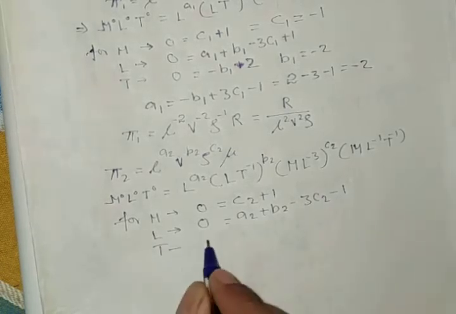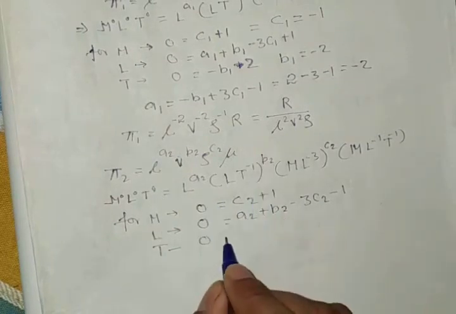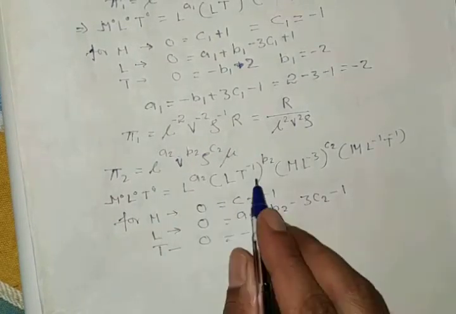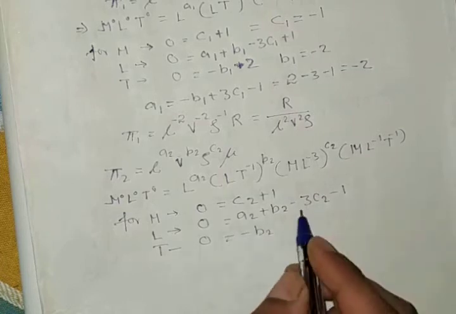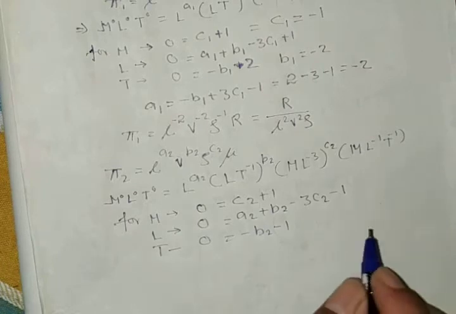For time T, it will be 0, here power is 0, so here you will get minus B2, here I am getting minus 1.